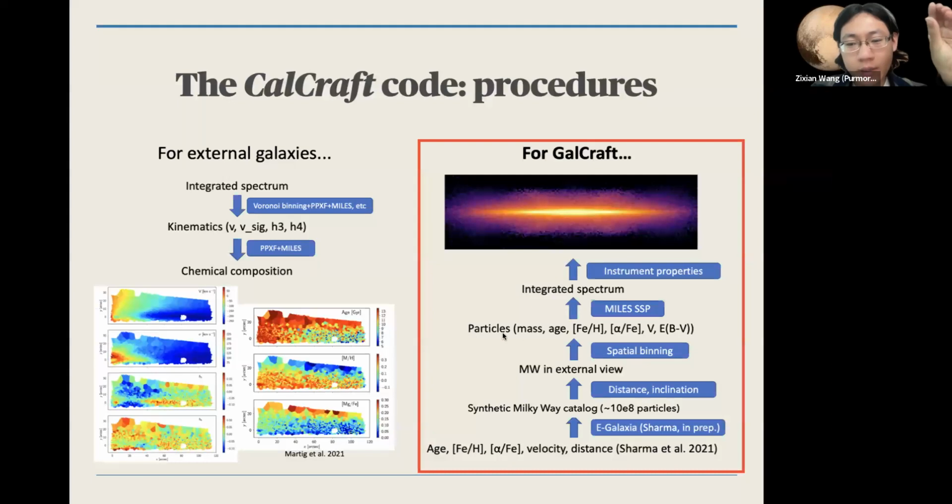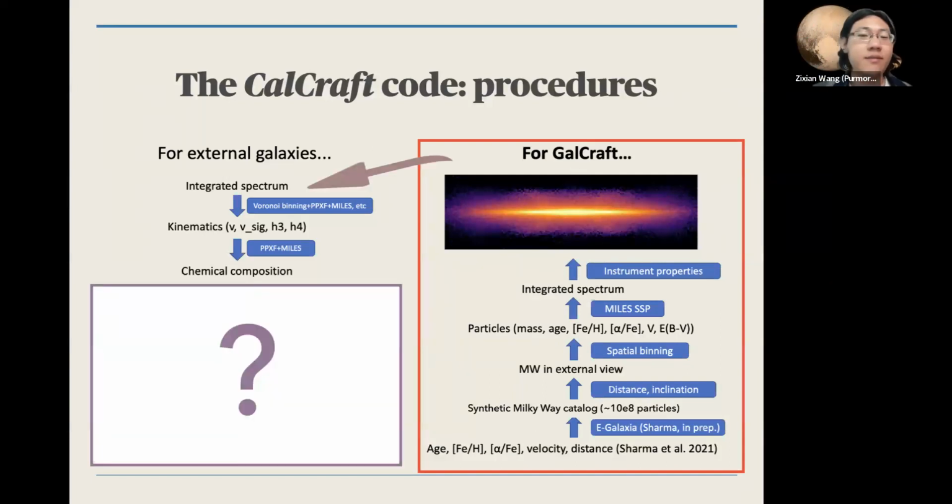Based on each particle's properties, like stellar mass, age, metallicity, alpha, velocity, and extinction, we can give each particle a spectrum. And then we just stack all the particle spectra together. We get an integrated spectrum for this spatial bin. And we can do this for all the spatial bins, and then we can get a MUSE observation of our Milky Way.